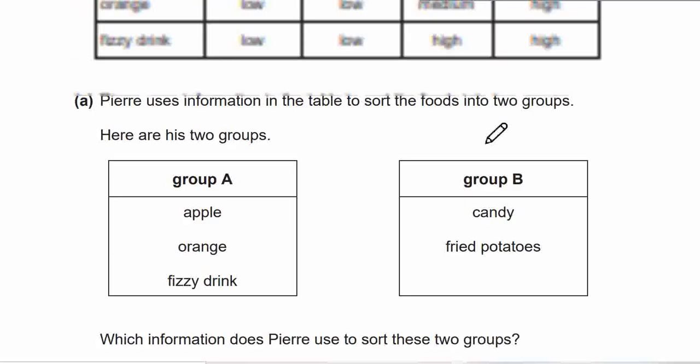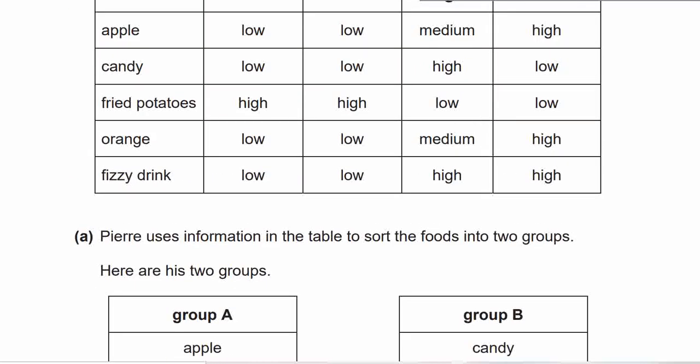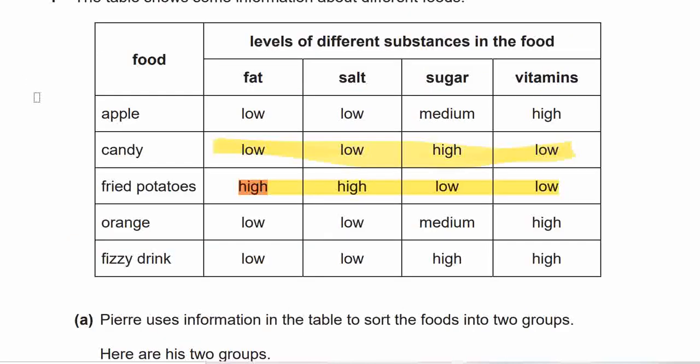Well, candy and fried potatoes are in one group. We can see that fried potato is high in fat and high in salt, and candy is high in sugar, which is not good.